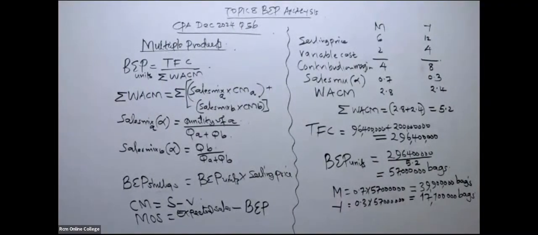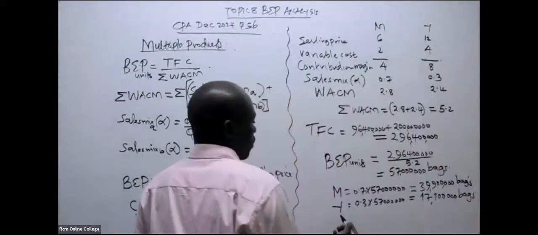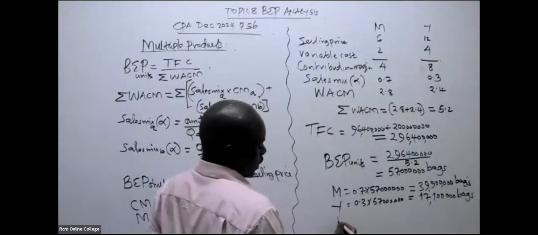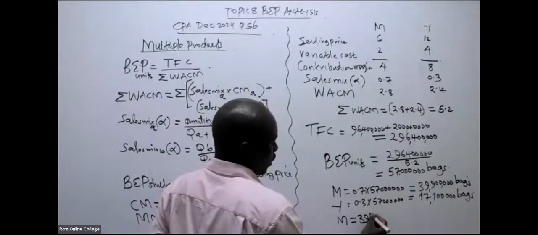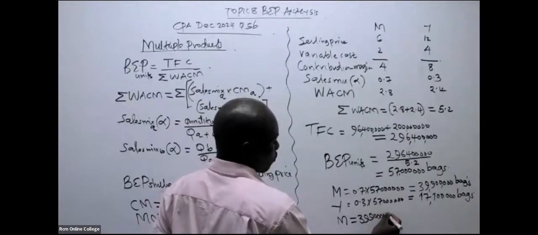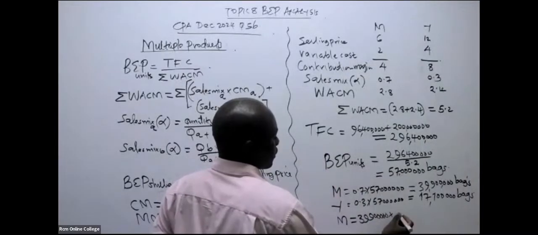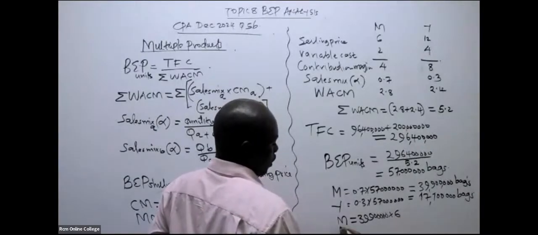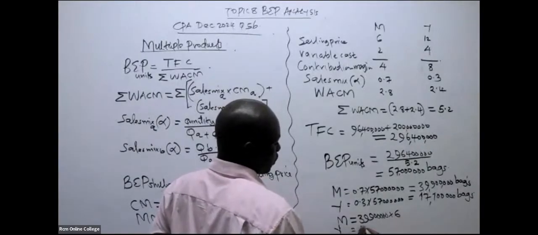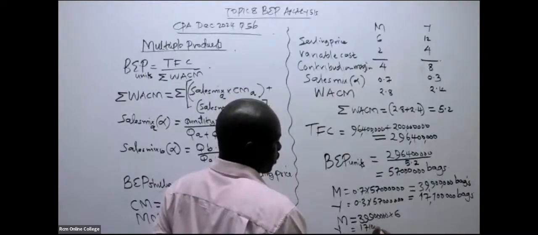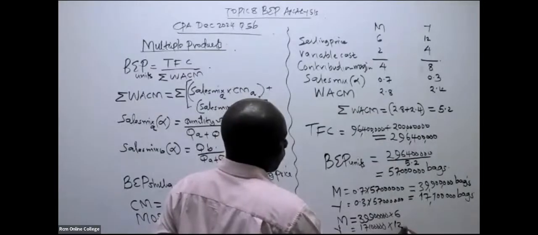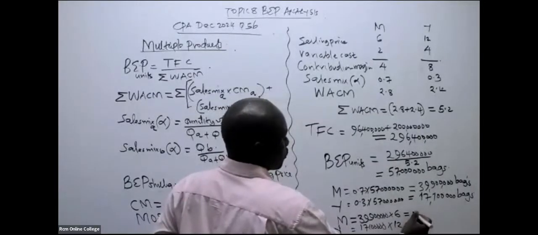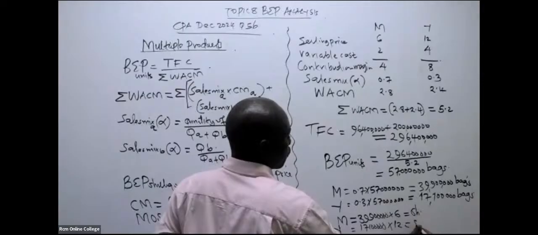So for us to get break-even point in shillings for product M, we will be talking about 39,900,000. We multiply by 6 shillings. Then product Y, we have 17,100,000 bags. We multiply by 12 shillings per bag.